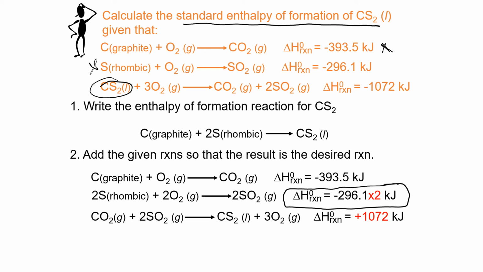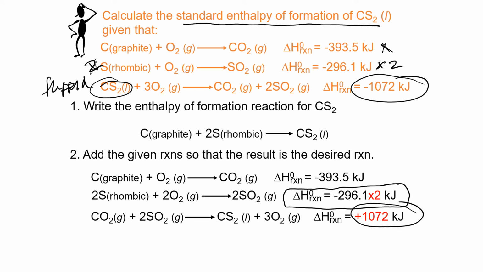So we have to flip this. So this gets flipped. This one got multiplied by 2, all the coefficients. And so here we see this has been flipped, and when this flips, that negative 1072 becomes a positive 1072.